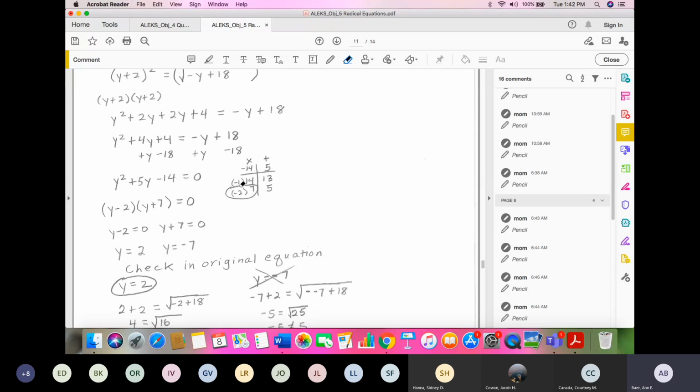Negative 1 times 14 is negative 14, but when I add those 2 numbers together, negative 1 plus 14, I get 13, not what we want. 14 is even, so a negative 2 goes. Negative 2 times what? 7. Just to check, negative 2 times 7 is negative 14. But when I add these together, I get negative 2 plus 7, which is 5, which is what I want. So I want these 2.